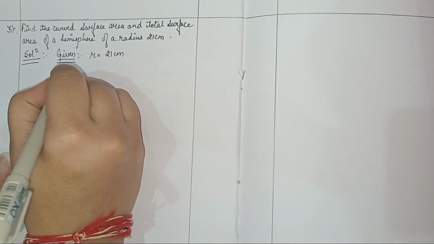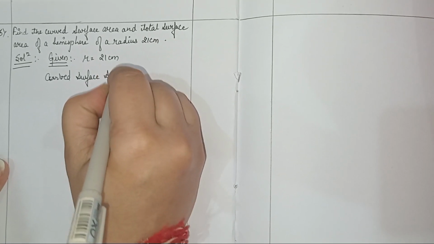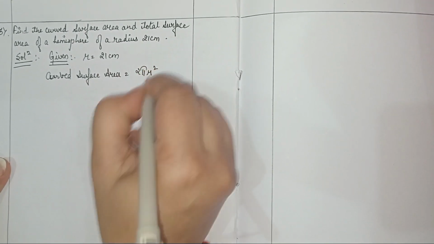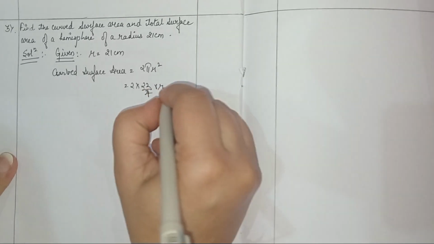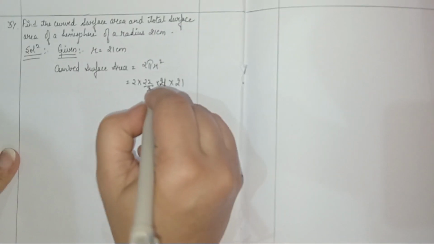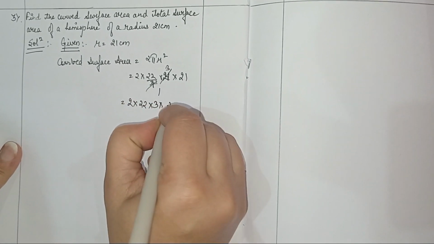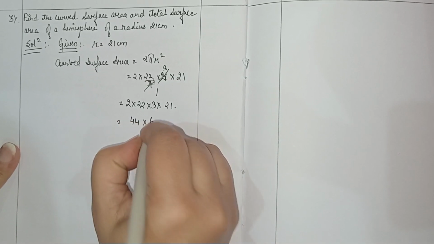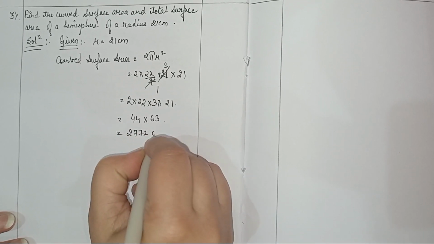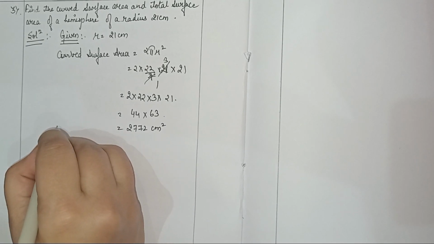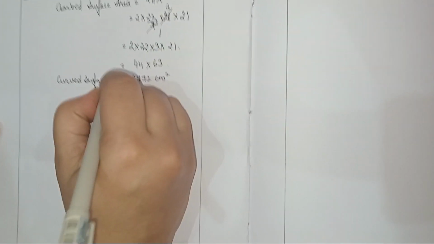The curved surface area is equal to 2 pi r square is equal to 2 into 22 over 7 into 21 into 21. 7 ones, 7 threes. 2 into 22 into 3 into 44 into 60. 772 centimeter square will be your curved surface area. Okay.